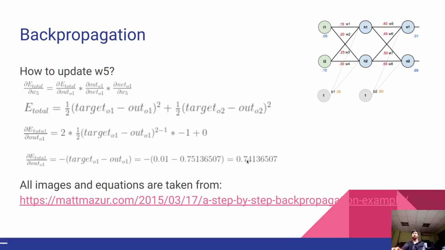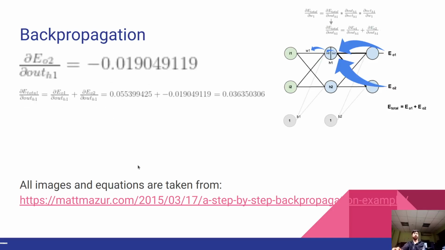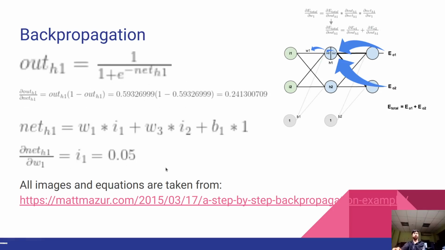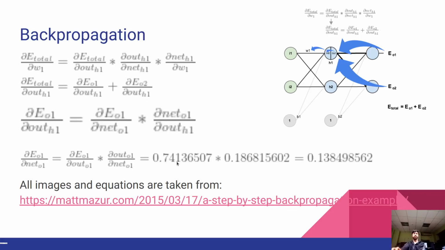This is the same 0.7413, because this is not dependent upon the other term. The derivative of EO1 with respect to out O1 is the same as the derivative of E total with respect to out O1. So, this value is the same, and then the derivative of out O1 with respect to net O1.